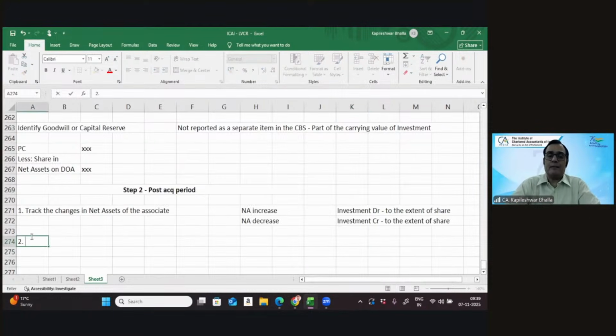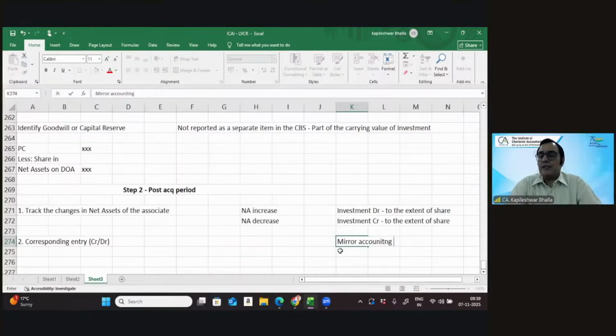And the second important thing is the corresponding entry. So the next important agenda is the corresponding entry, that is the corresponding credit or debit as the case may be. Because in the first one, you debited or credited the investment. So what you do in the next part is a mirror accounting needs to be done.